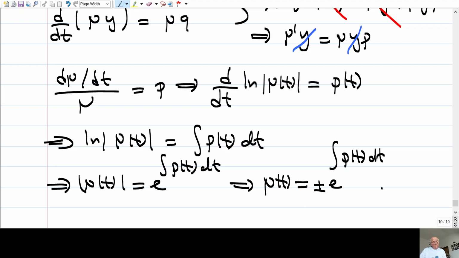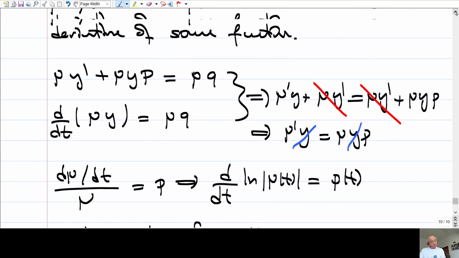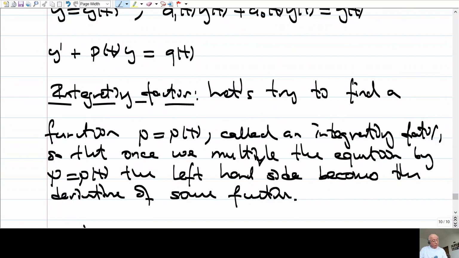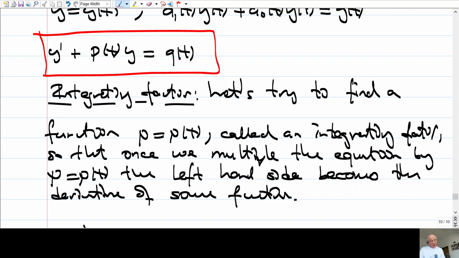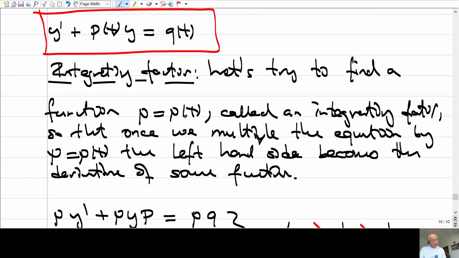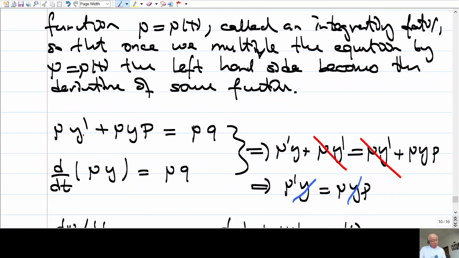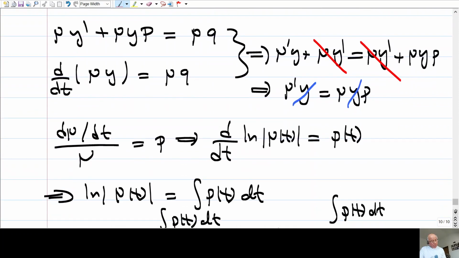So given this equation, a first order linear ordinary differential equation, I can find this function mu(t), so that when I multiply that equation with this mu(t), I obtain an equation where the left hand side is the derivative of some function.